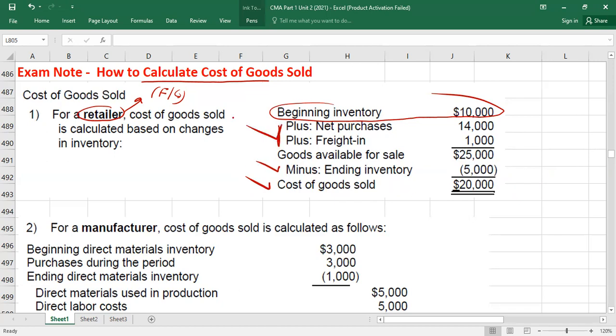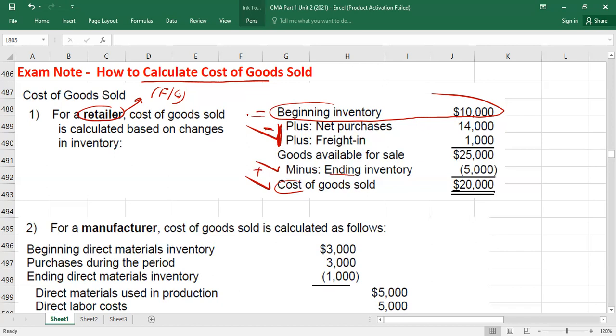How to get the opening inventory? Obviously, you have to go reverse. On your calculator, first take cost of goods sold, then add ending inventory, and then deduct net purchases. You will automatically reach the beginning inventory.